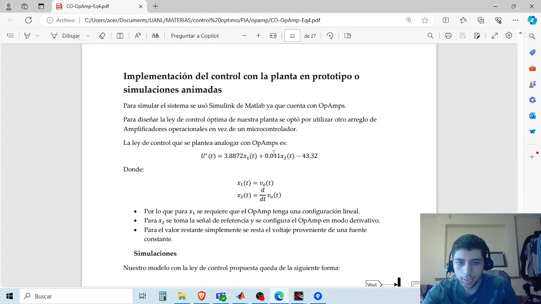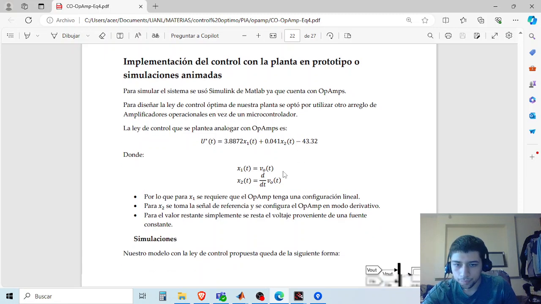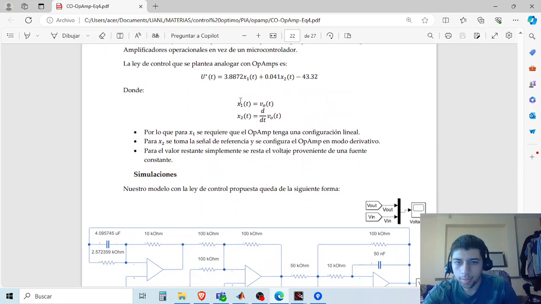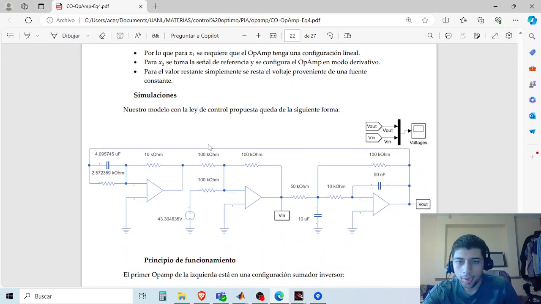For the second state, which is the derivative of such voltage, we are going to also multiply it by this term, and we are going to subtract some constant value.